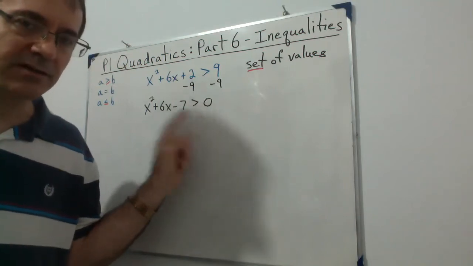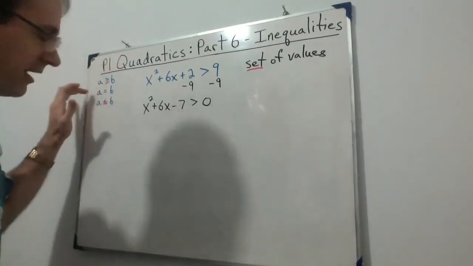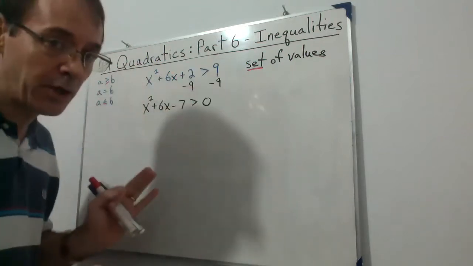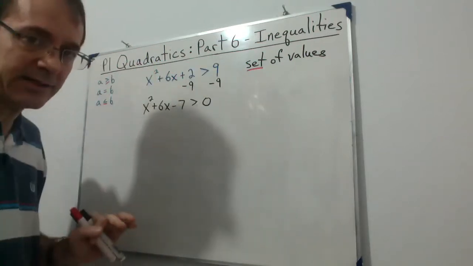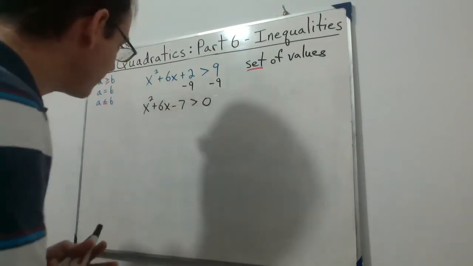So don't forget that important extra rule that we don't have with normal equations. Okay, now we didn't multiply or divide, we only subtracted, so our inequality stays the same direction.